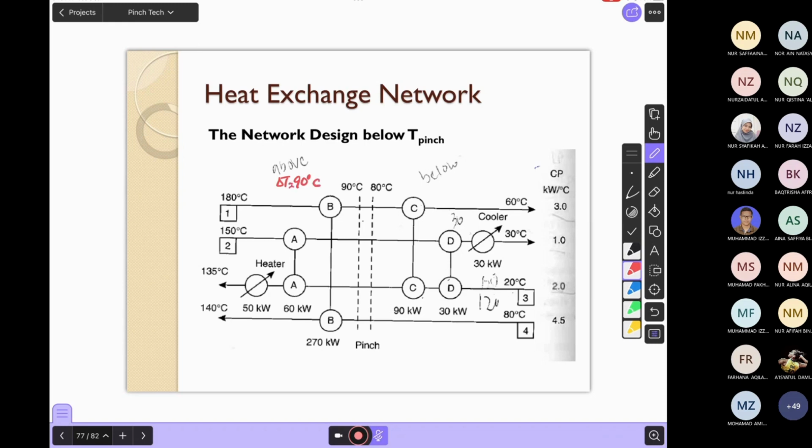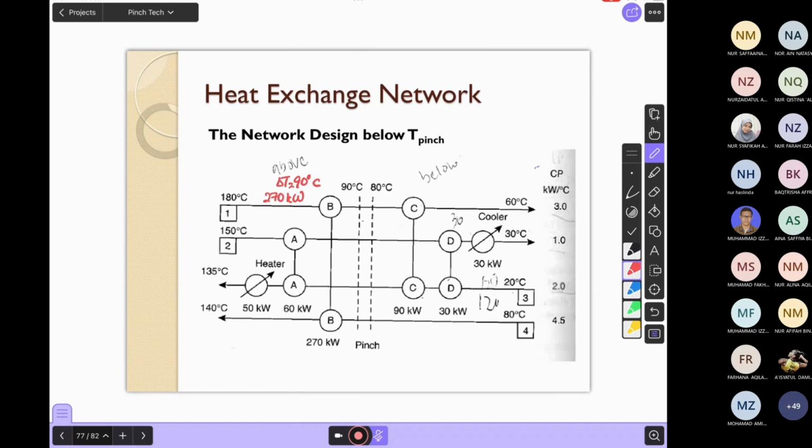Can you tell me the heat load? 90 multiplied by the heat capacity, which is 3, which is 270 kilowatt.